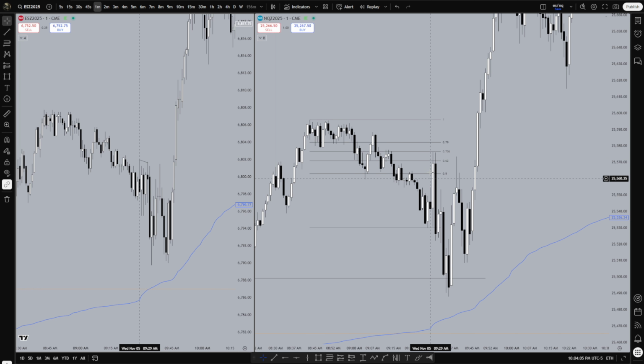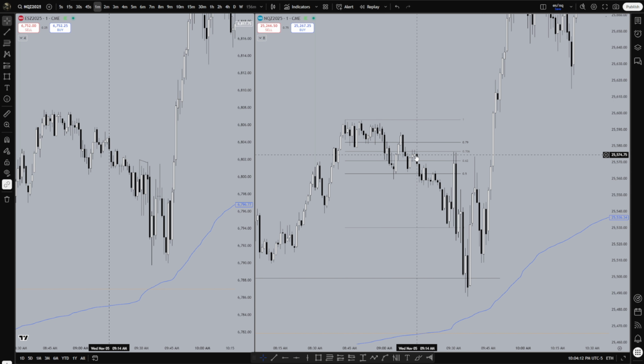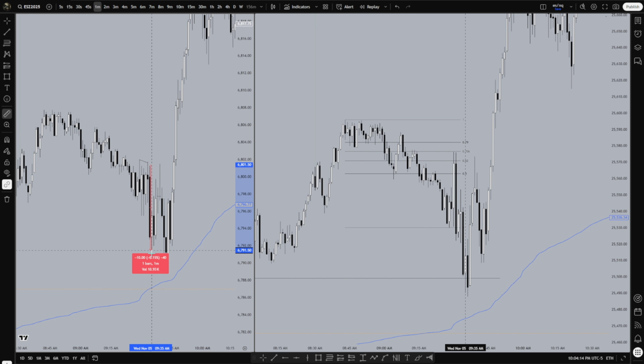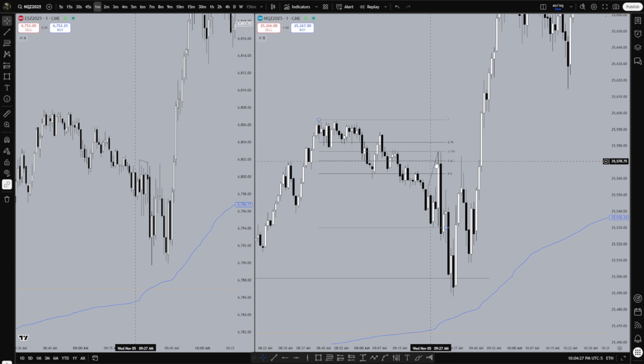So seeing that NQ is manipulating higher off open, and we know that we have a prominent draw lower, and we see that ES is already starting to sell off, we know that NQ is going to follow behind, okay? So we see an SMT between these pre-market highs right here.